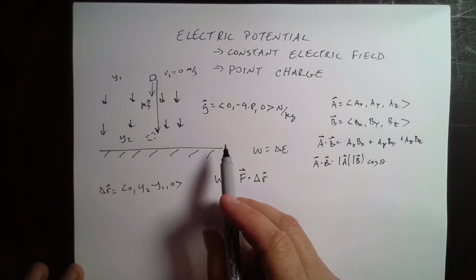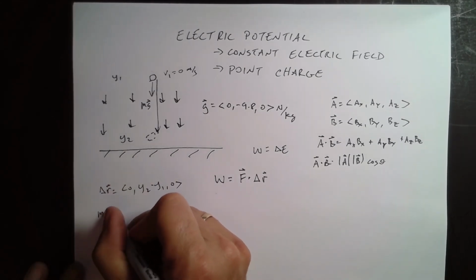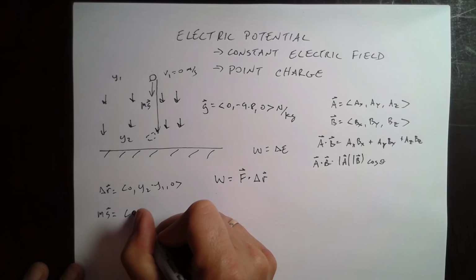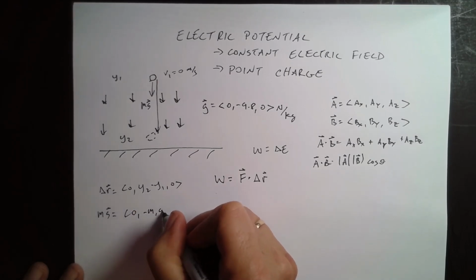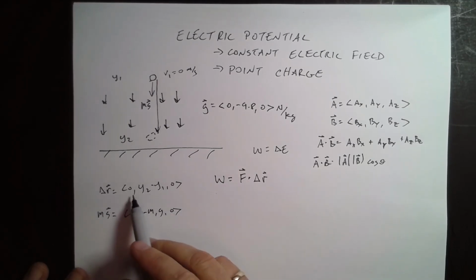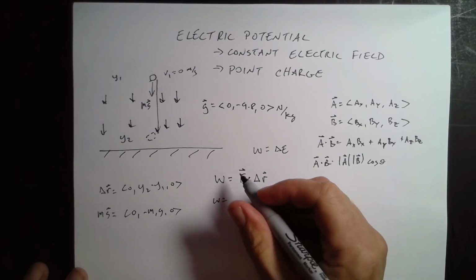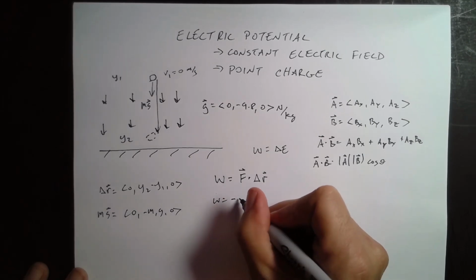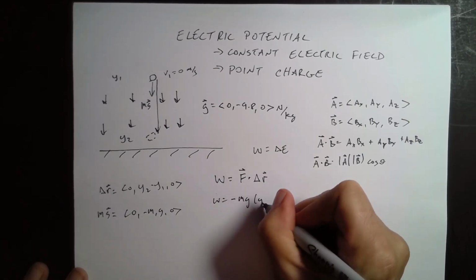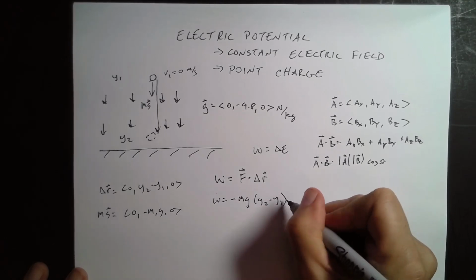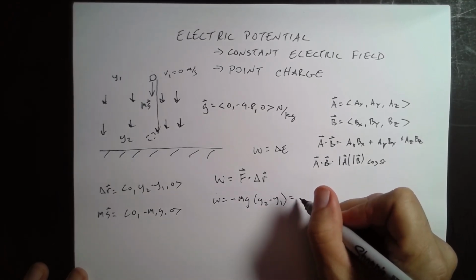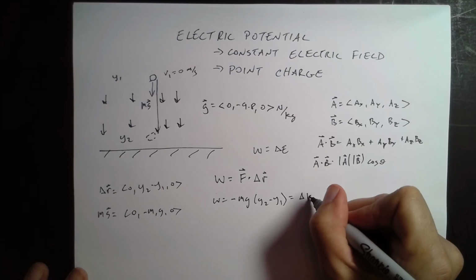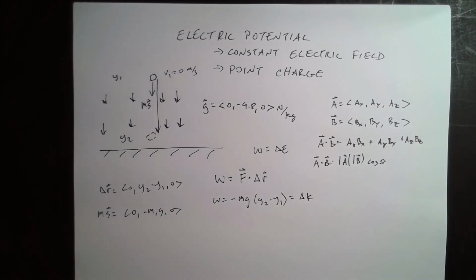And then the gravitational force mg is going to be equal to 0, negative mg, 0. So I can calculate the work. It would just be equal to negative mg times y2 minus y1, and that would be equal to the change in kinetic energy. Okay, that's the work energy principle.